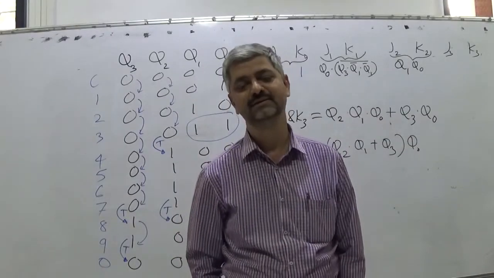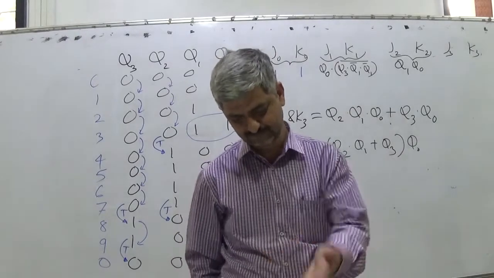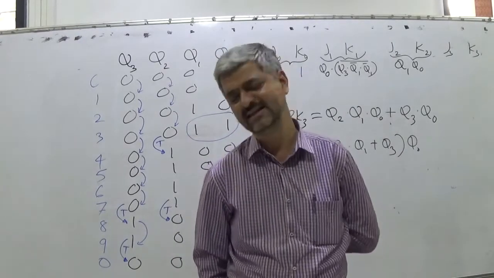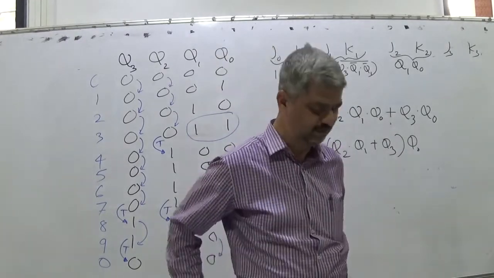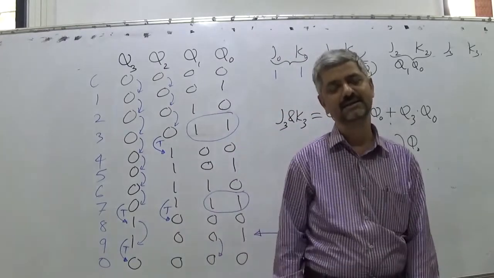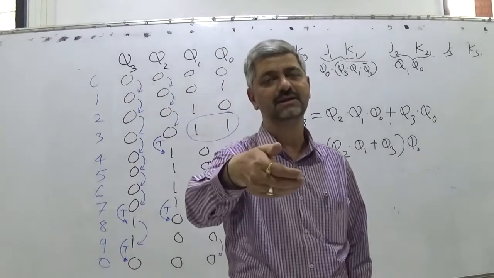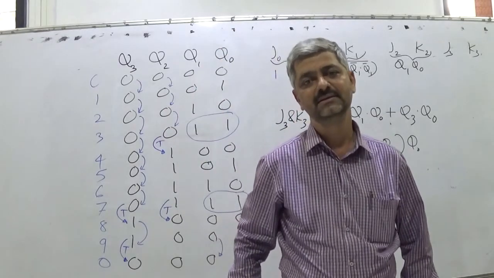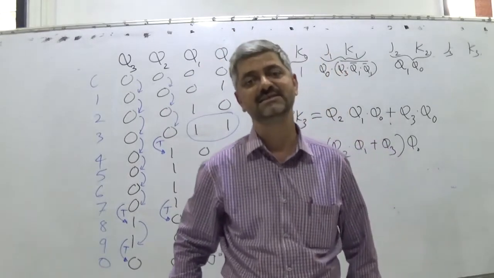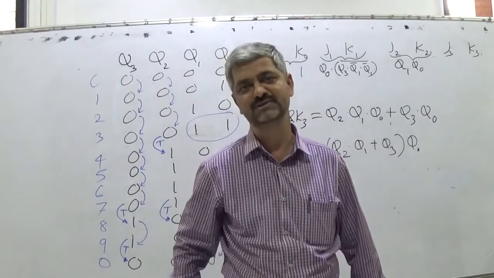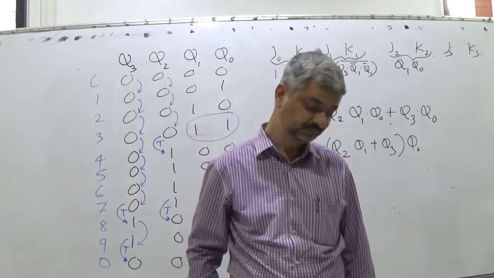It can be a mod 6 counter. Any number of states you can design. In that case, an n-bit counter contains a number of states which is less than 2 raised to n.